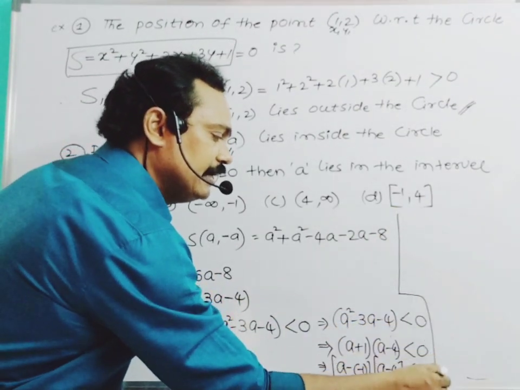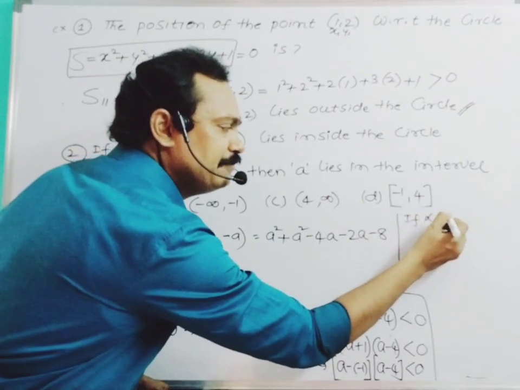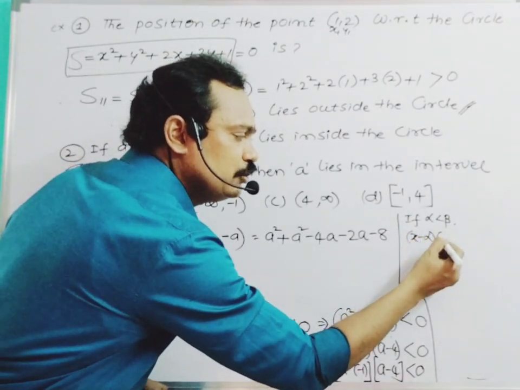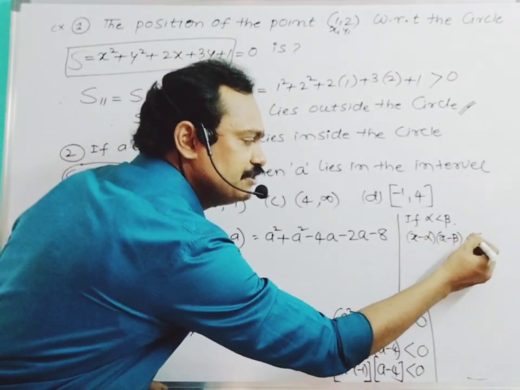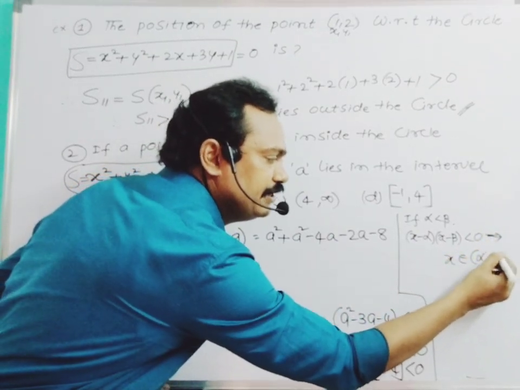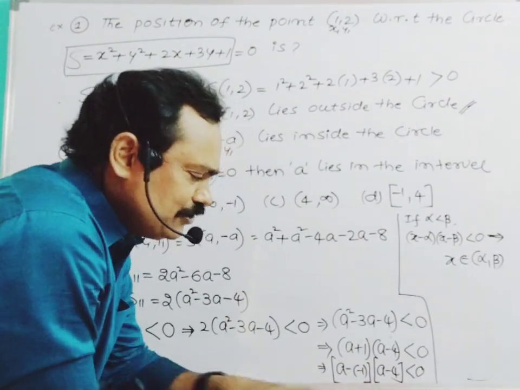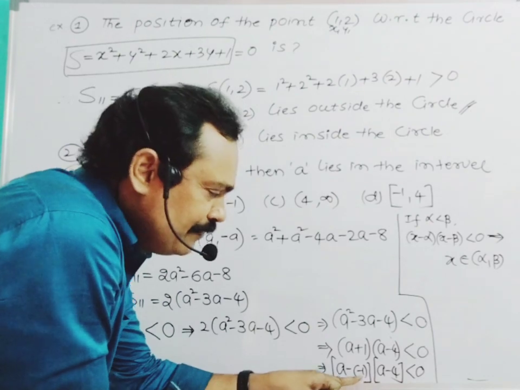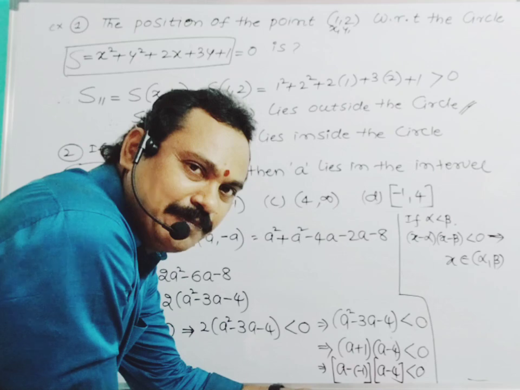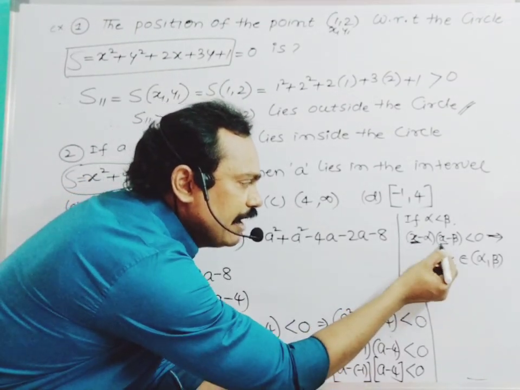In quadratic equations and expressions, if alpha is less than beta and x minus alpha into x minus beta is less than 0, then x lies in between alpha and beta. Here observe, alpha is minus 1, beta is plus 4. Instead of x, you have A here.